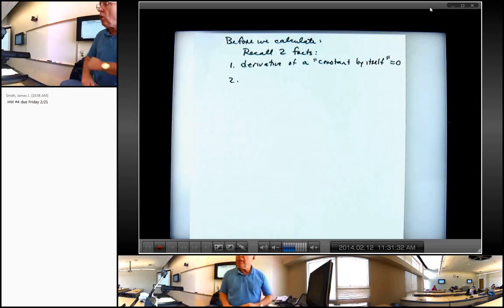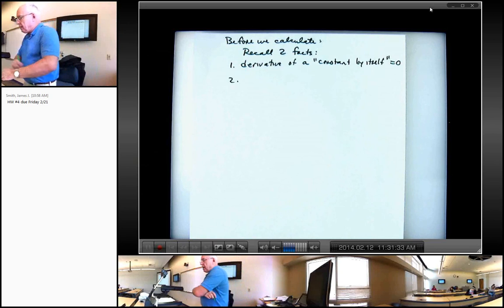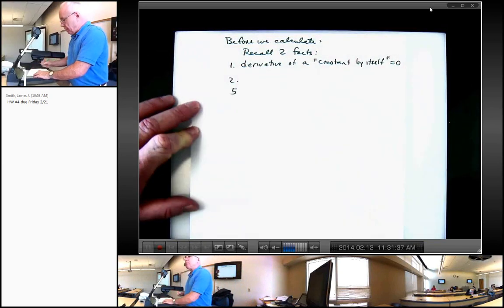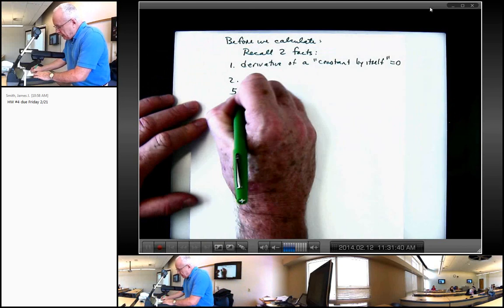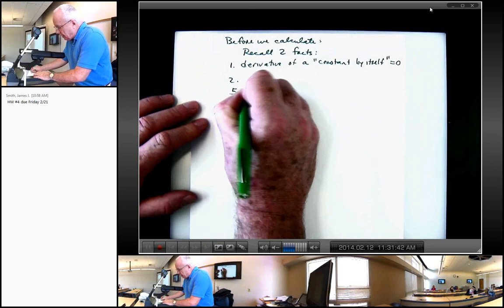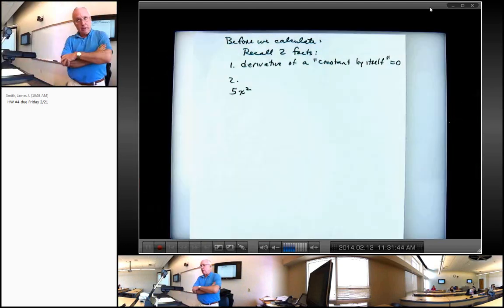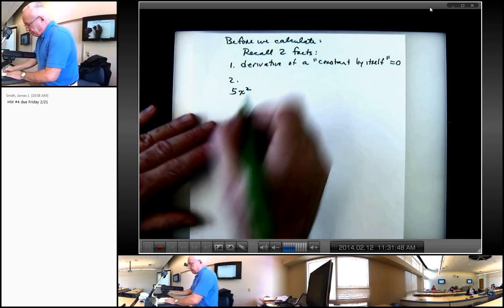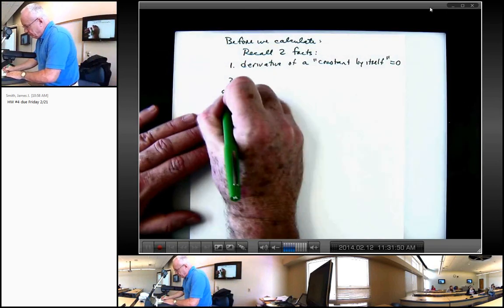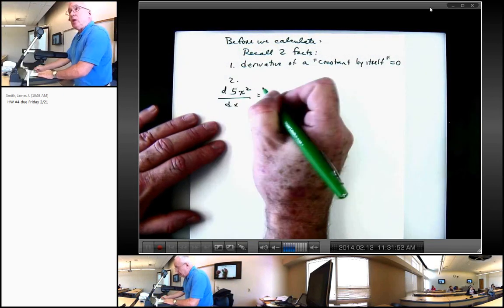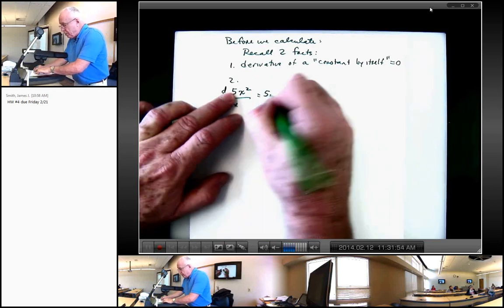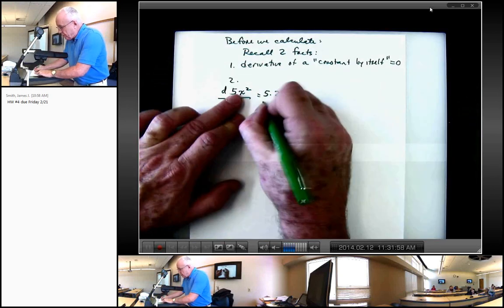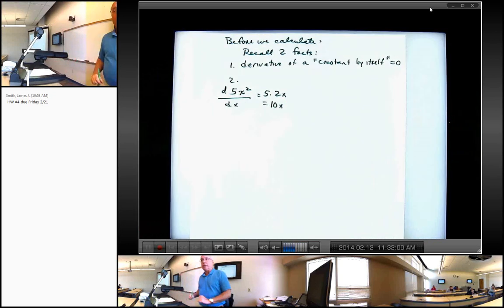And then what if we have a constant, say the number 5, and it is multiplying a variable? What do we do with this constant? Yeah. We take the 5 and we multiply it by the derivative of the 2x, so that gives us 10x. All right.